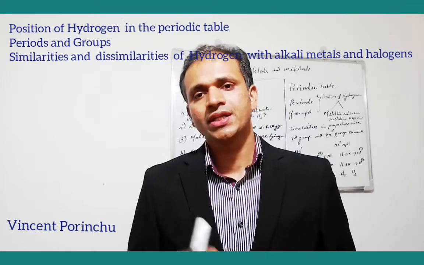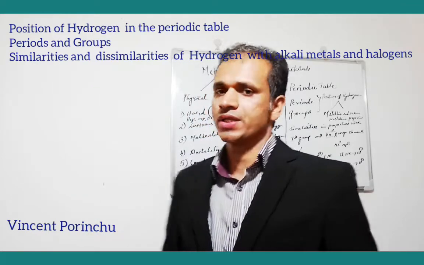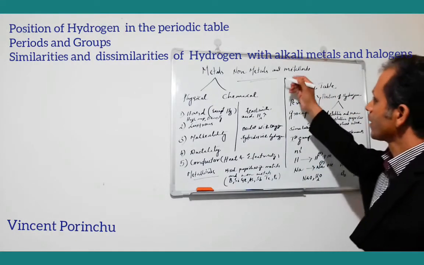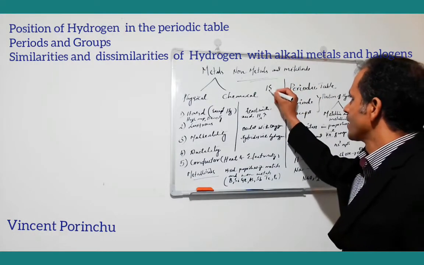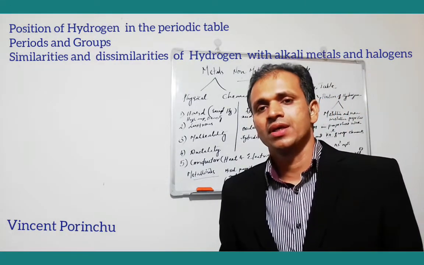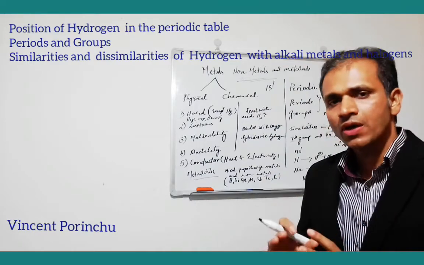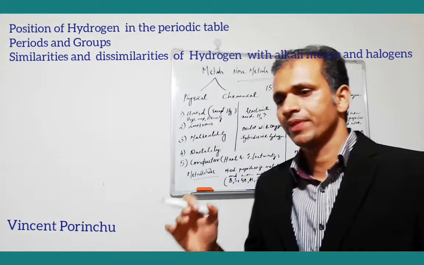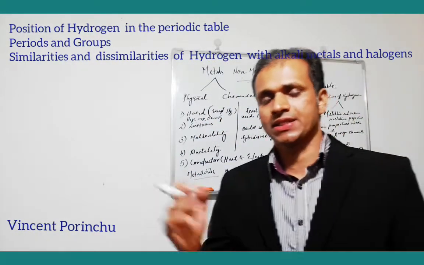So hydrogen has the electronic configuration 1s1, because it is the first element. This electronic configuration is very similar to the first group elements, that is, the alkali metals.